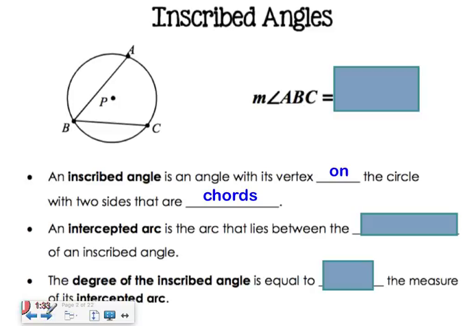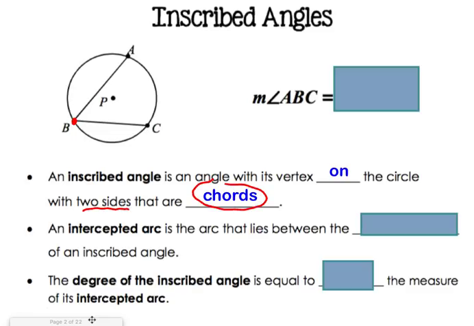So what is an inscribed angle? Well, an inscribed angle is an angle with its vertex on the circle with 2 sides that are chords. So let's refresh because it's been a minute. Here's my vertex of this angle. Is it on the circle? Yes. So I meet criteria 1. Criteria 2, my 2 sides that are chords.